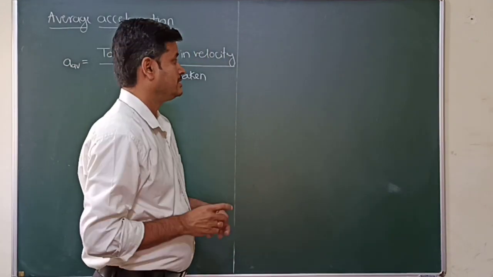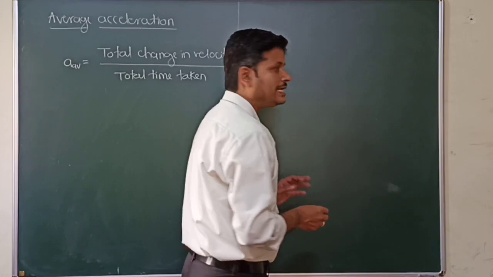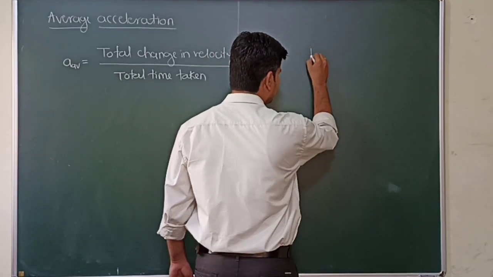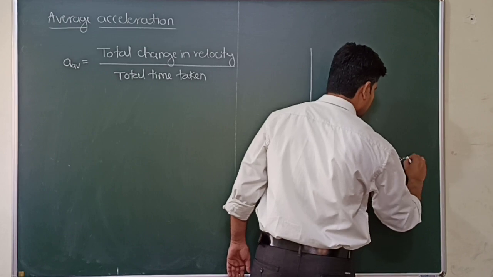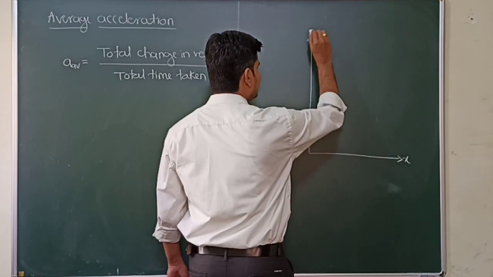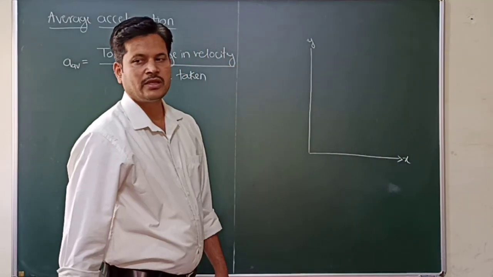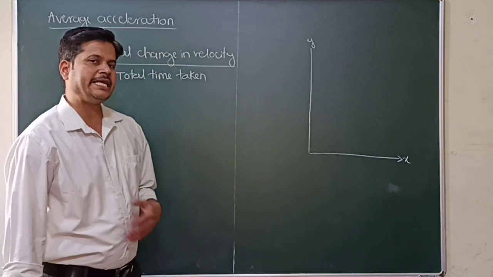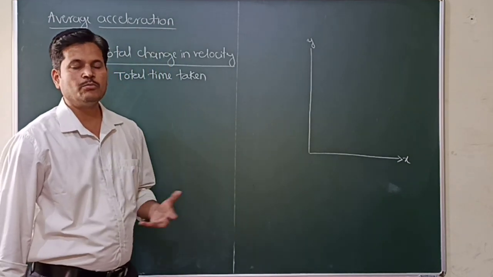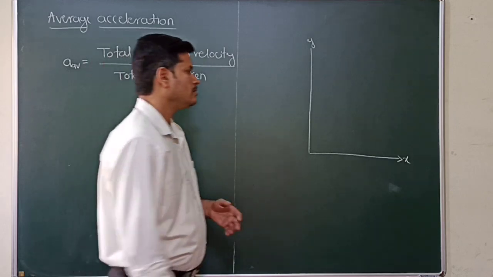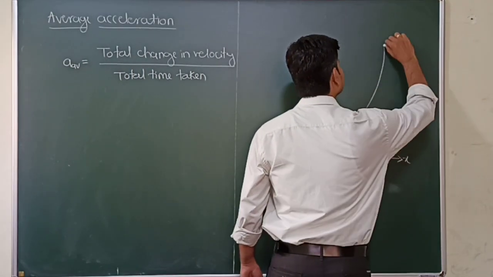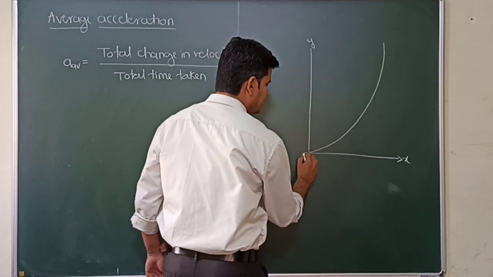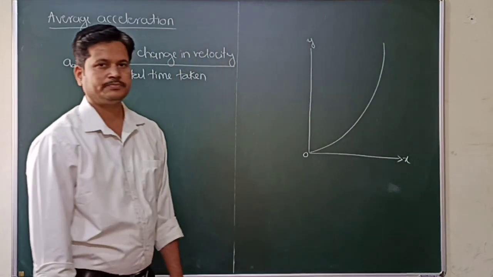How can we study this? For this, let us consider a graph with x and y axes, and the object is continuously moving with a variable velocity, which I will represent like this, right? This is the origin.